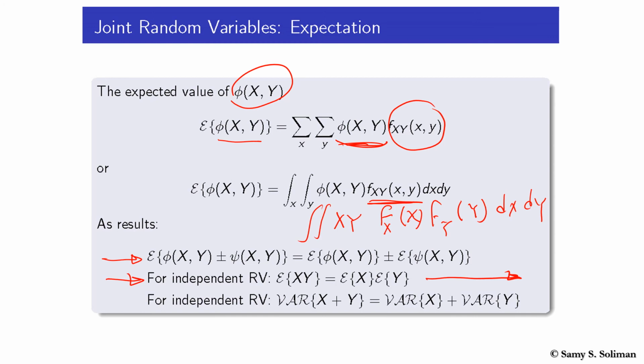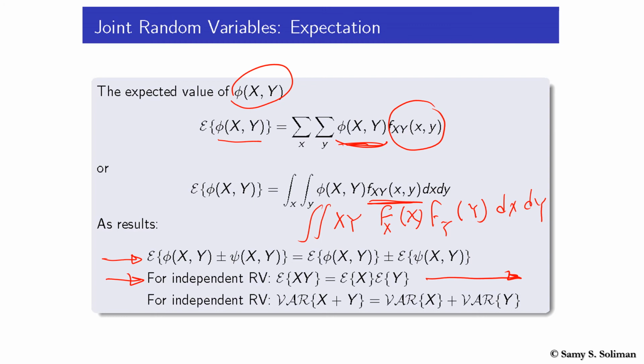If we know that this relation is valid, that does not mean that x and y are independent, because it might be a coincidence that the expected value of the product of the random variables is equal to the product of the expectations. So again, if they are independent, then the relation follows. However, if the relation is valid, that does not guarantee that the two random variables are independent.